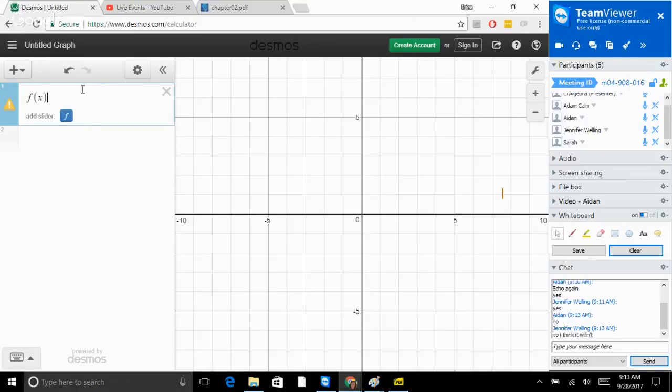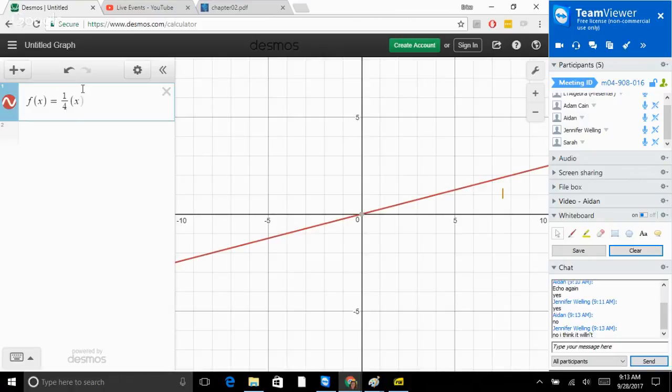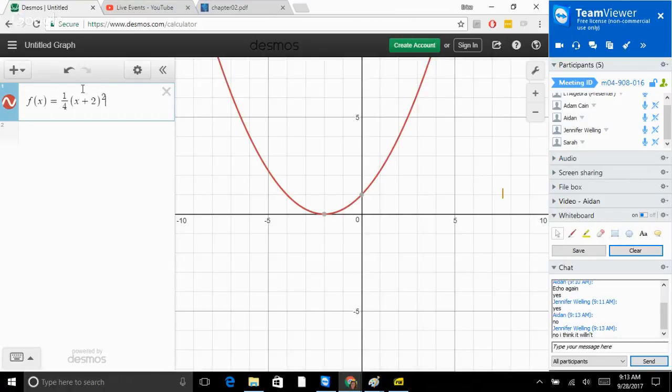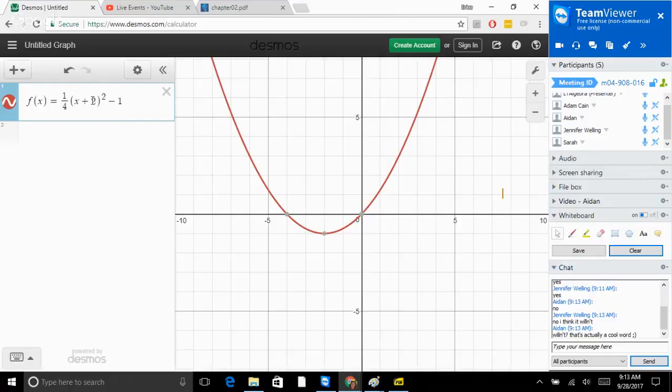Thankfully, these are all solved for us, so they're nice and easy to put in there. All right, there we go. So this x plus 2 squared really indicates that we're dealing with a parabola.